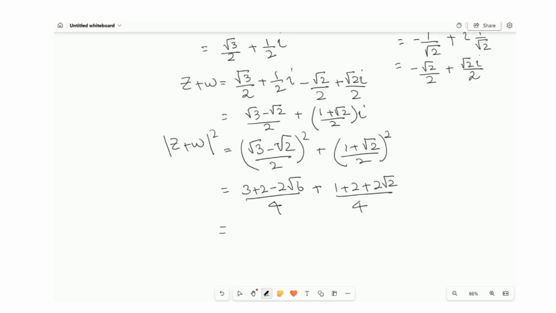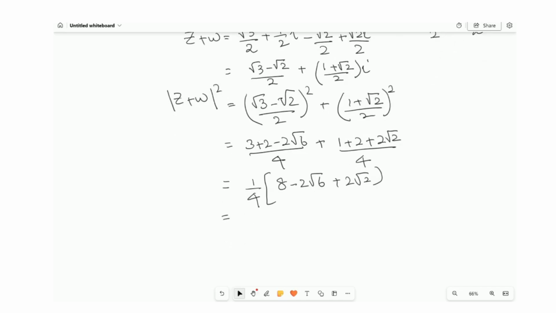So now I can write 1 over 4 times 3 plus 2 plus 2 plus 1 is 8, minus 2 square root of 6 plus 2 square root of 2. I can divide by 2, that is 4 minus square root of 6 plus square root of 2 divided by 2. So this is |z plus w| squared.